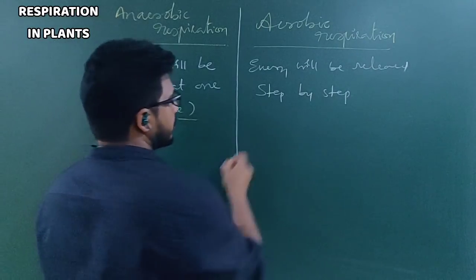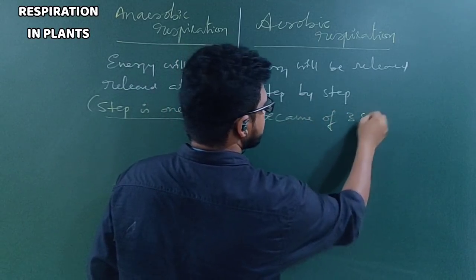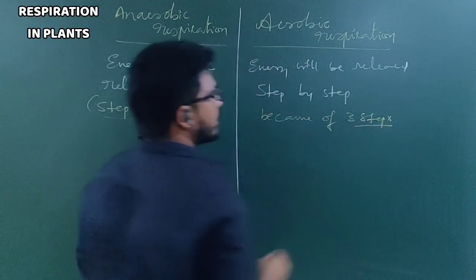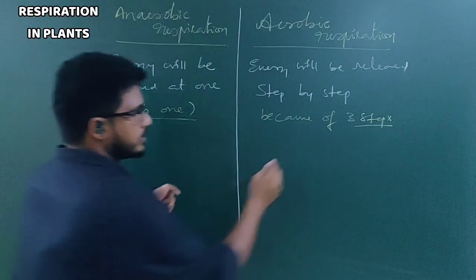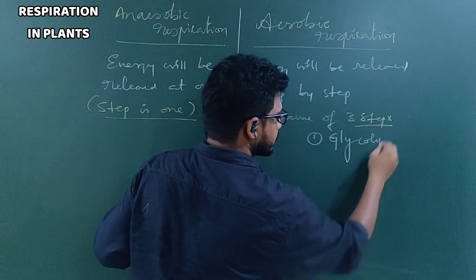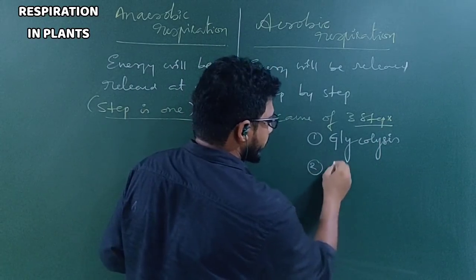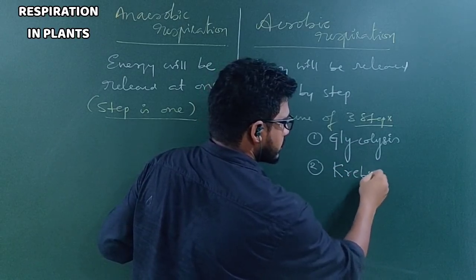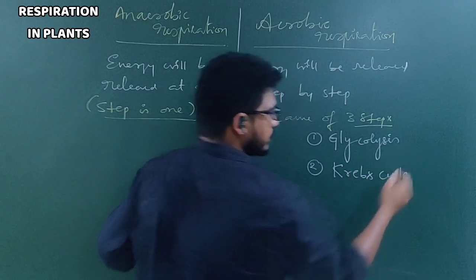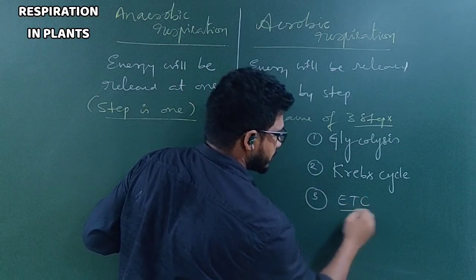This is because of 3 steps. What are the 3 steps? Step 1 is glycolysis, step 2 is the Krebs cycle, and step 3 is the electron transport chain.